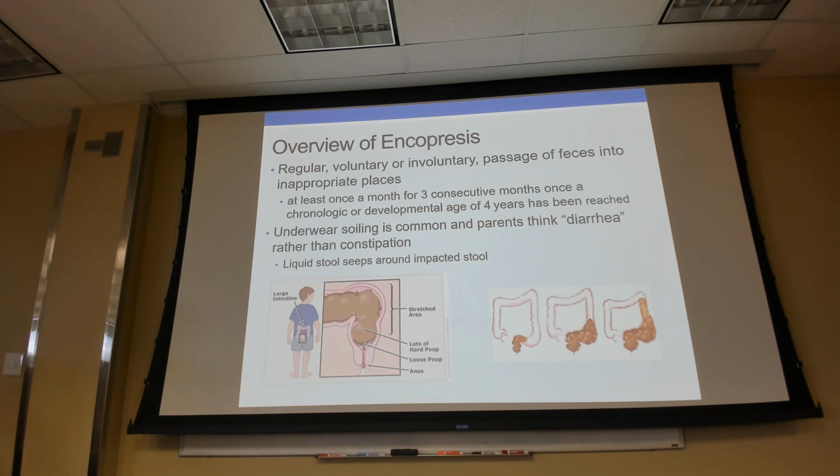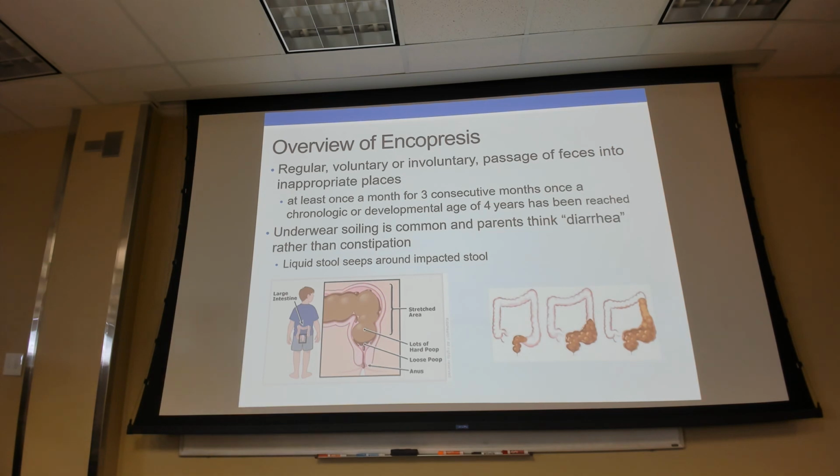And so now they will have truly liquid stool that is going around the hard stool and is coming out liquid. And because everything has gotten stretched so much, they cannot feel this anymore, and so it functionally looks like leaking or diarrhea to a family, but it is very, very severe constipation in this kid.